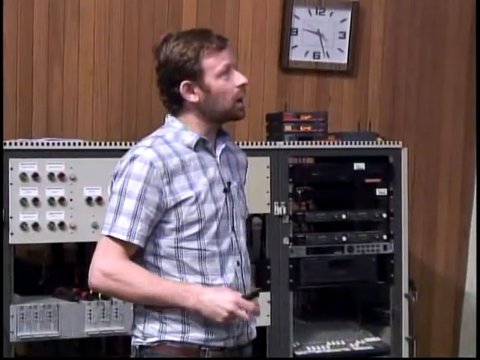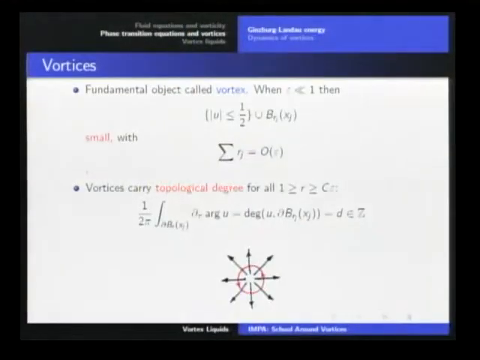Then for all radii outside of some small distance from the center, the winding number or the degree is going to be an integer. Okay? And so this is an important difference between classical fluids and superfluids. Here, the degree is quantized, whereas in classical fluids, it can be any number.